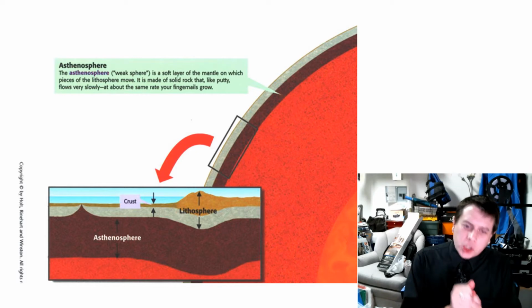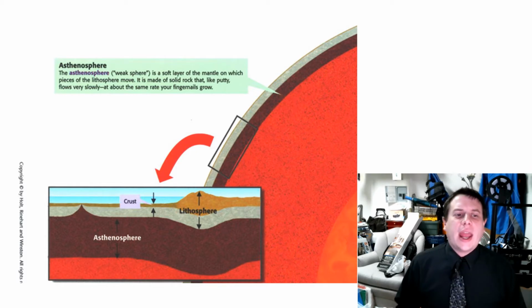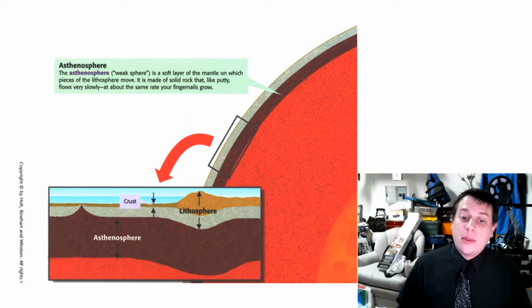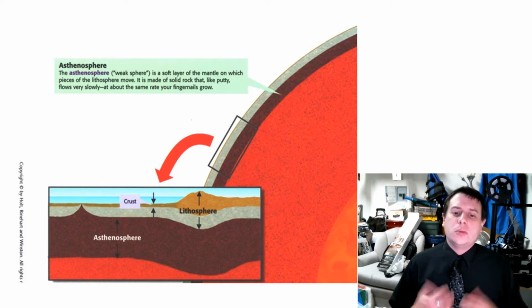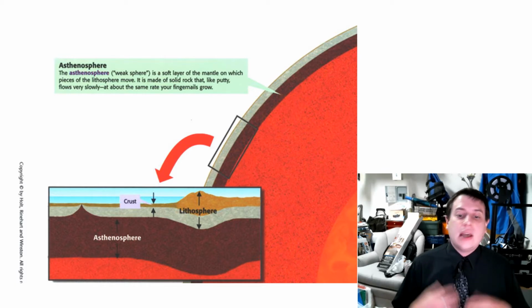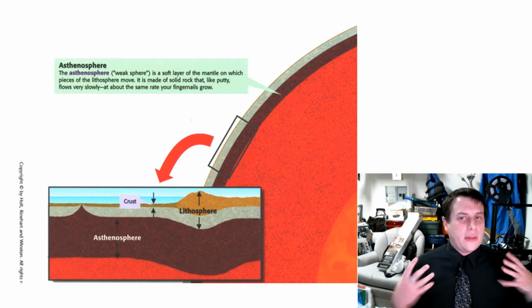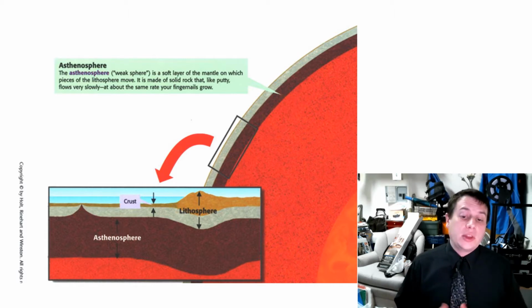You can push it, you can move it around, and motions of convection currents inside the mantle will move that, all right? It does move, and it's moving continuously. The continents are shifting, the plate tectonics are moving, and they move about the same rate that your fingernails grow, which is about 1 centimeter per year, or a little under half an inch a year.